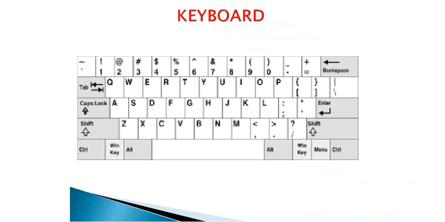Below that are Q, W, E, R, T, Y, U, I, O, P, A, S, D, F, G. Those are known as alphabetic keys. And there are the tab key, caps lock key, shift key, control key, alt key, spacebar key, backspace, enter, shift. Those are different types of keys. Every key has its specific function.